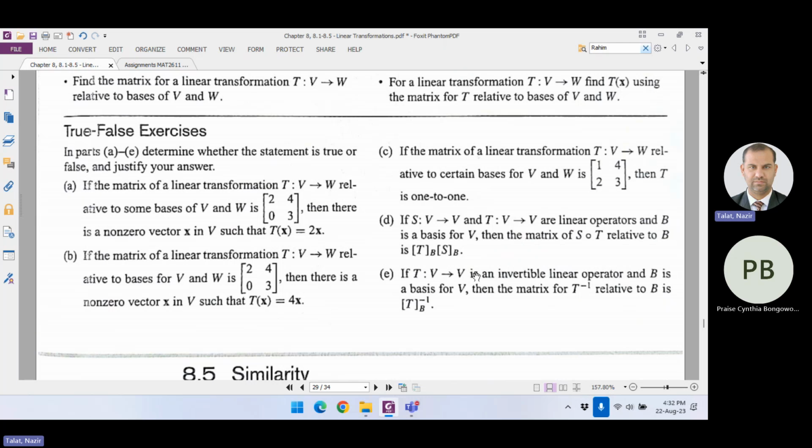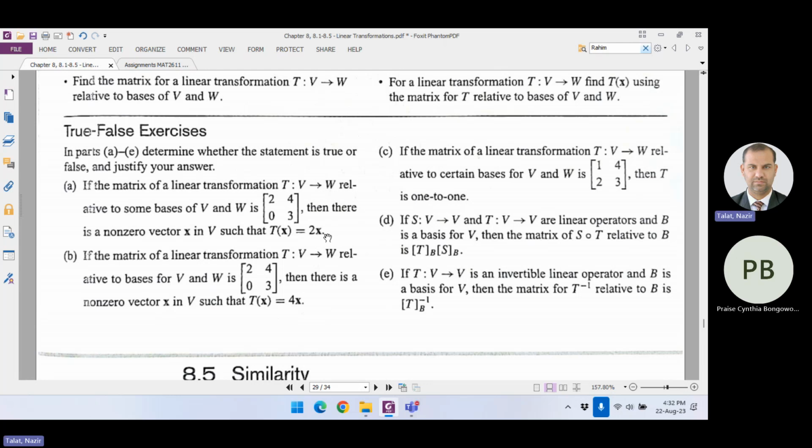For example, if the matrix of a linear transformation T from V to W, relative to some basis of V and W, is equal to [2, 0; 4, 3], then there is a non-zero vector x in V such that Tx is equal to 2x.